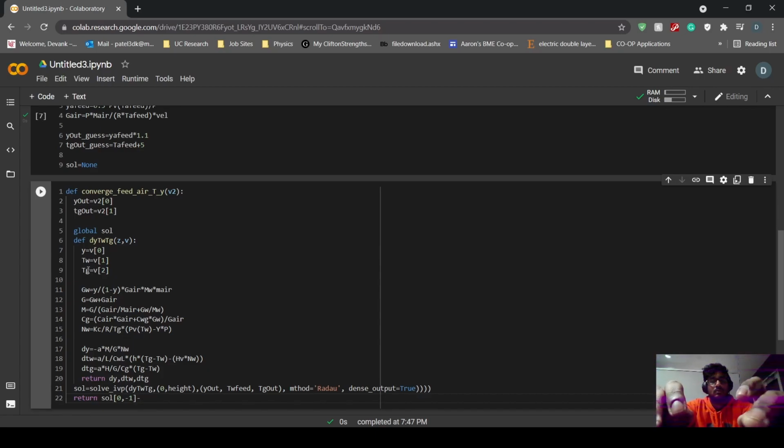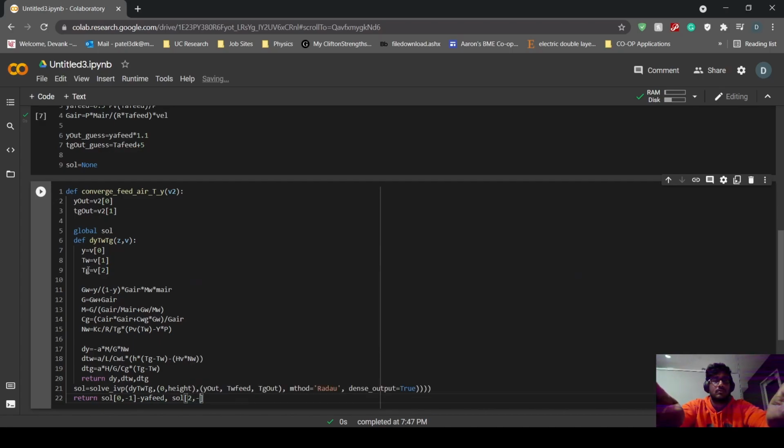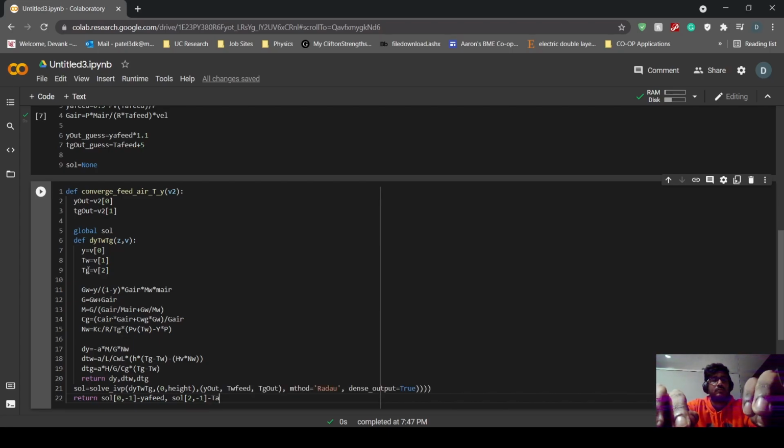So YA feed, and then we want to do the same thing. So we want to move to 1 now for the temperature of the feed. And then subtract that from again the temperature of the air of the feed. So TA feed.